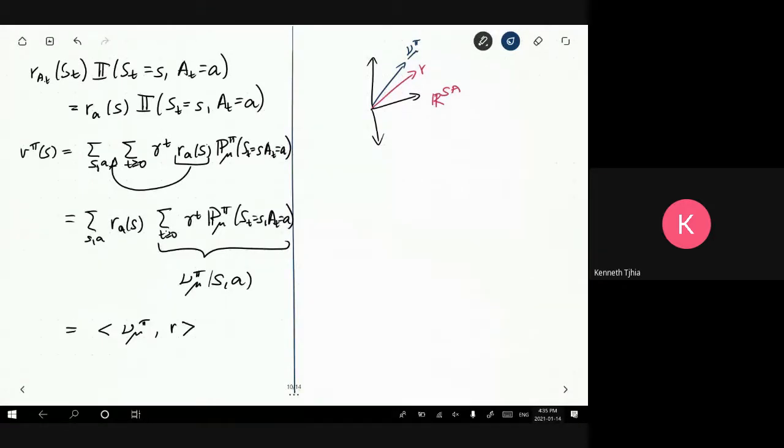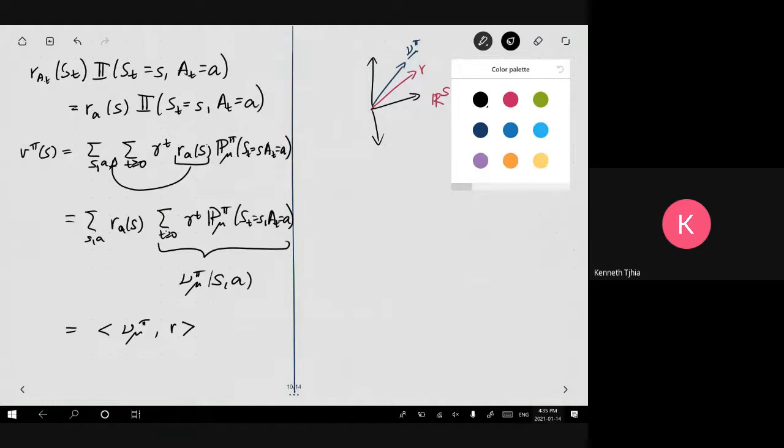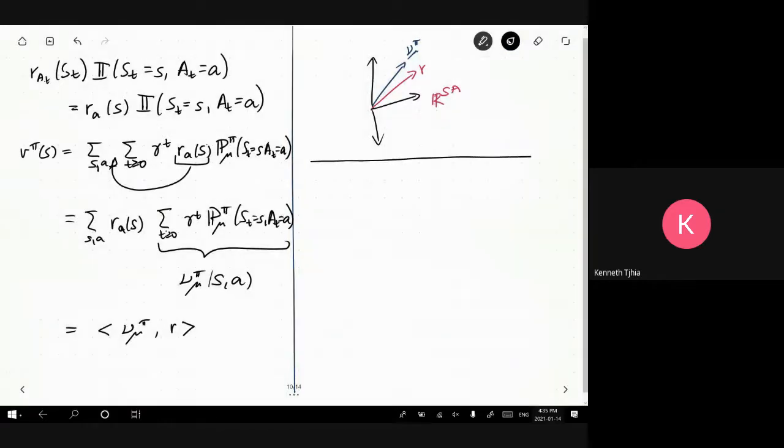So we want to understand, hold on to the question, we want to understand the space of occupancy measures. And for this, here is the big revelation.